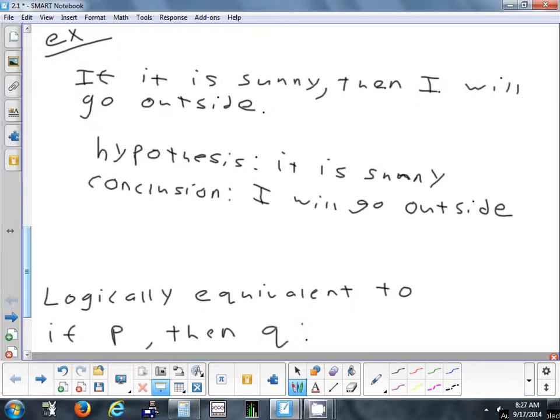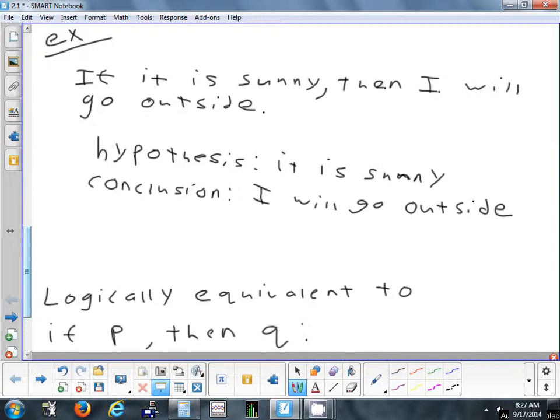So we're going to get into this more later on, but when we write sentences in if-then form, eventually we're going to want it to be more symbolic. I'm going to use a little bit of symbols here to avoid having to write out an entire sentence. In this sentence, P, because it comes right after if, is my hypothesis.